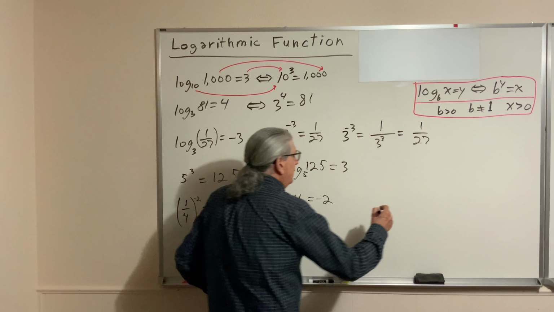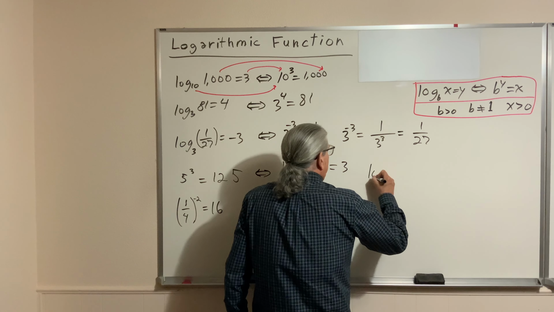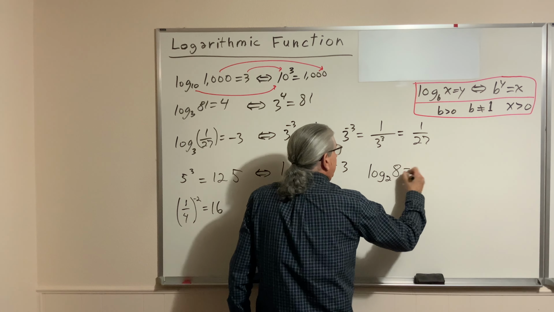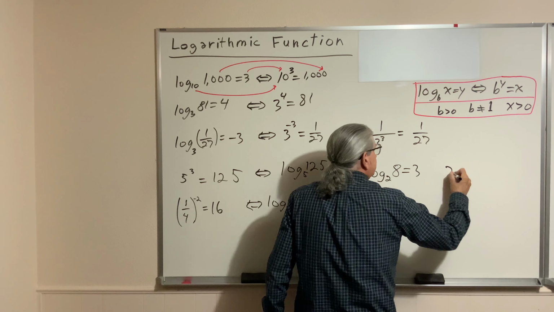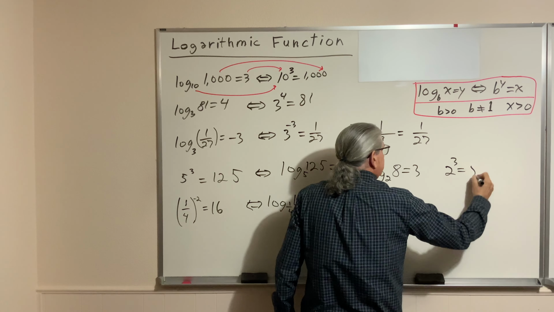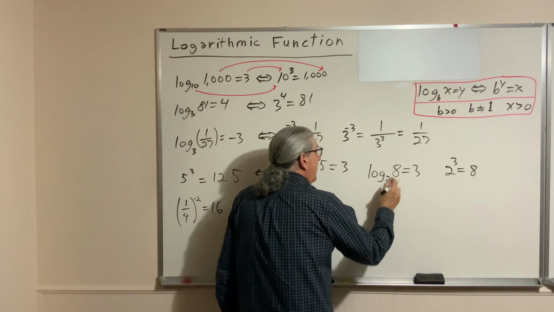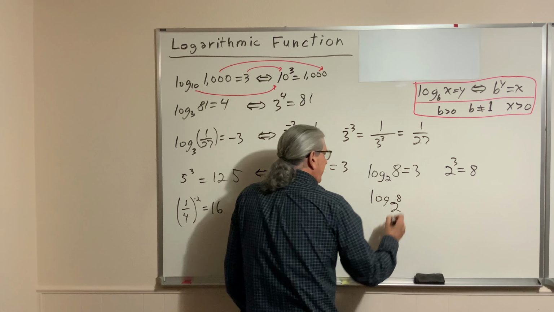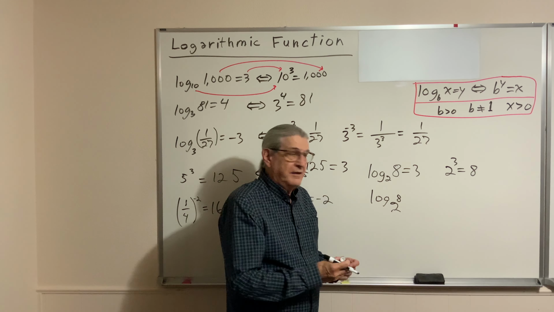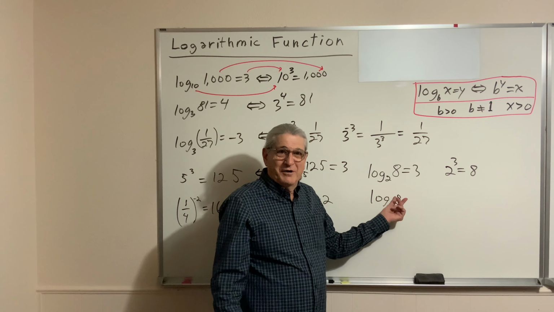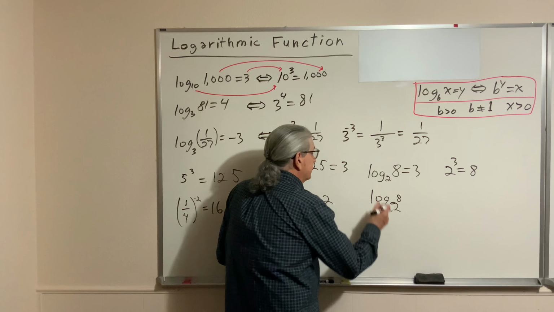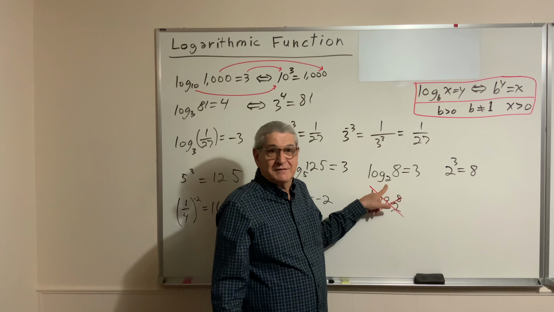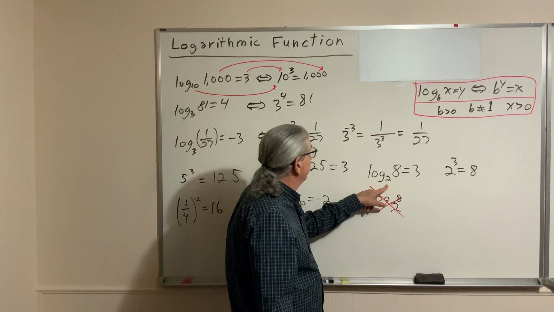I see people write log base 2 of 8 equals 3, which is true because 2 to the 3rd power is 8. But I see people write this, log base 2 of 8, and this is wrong. We're used to making the number up here smaller because it's a power. This is not a power. The argument is bigger than the base, so that's real important to remember.